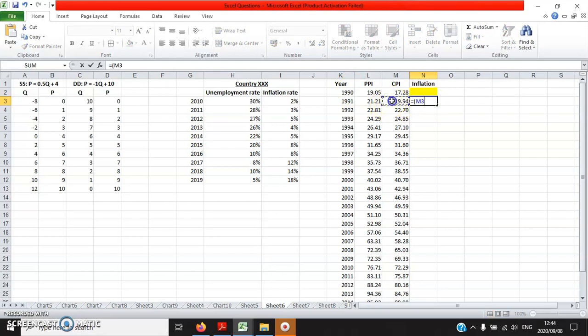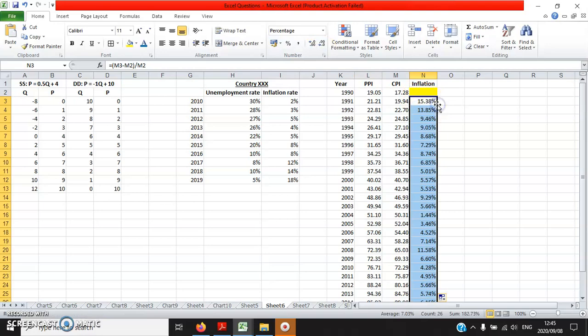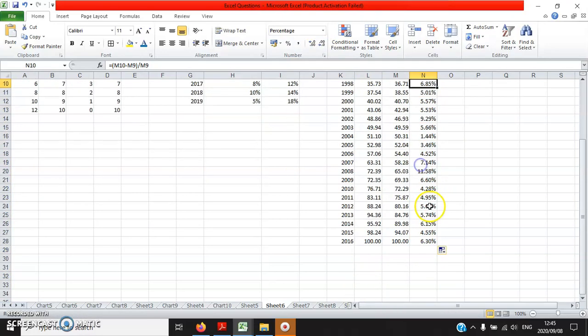It is equal to CPI from 1 year minus CPI of the earlier year, close bracket, divided by CPI of the earlier year. Okay. And then percent, let's say we show the first two decimal places. Then that double left click combine to complete the calculations.